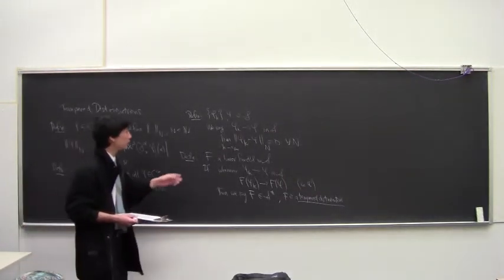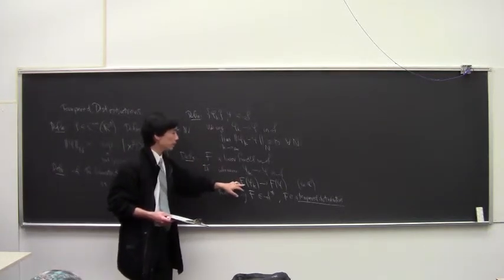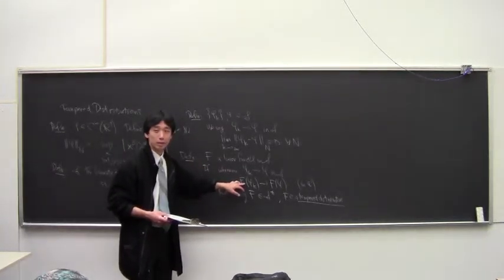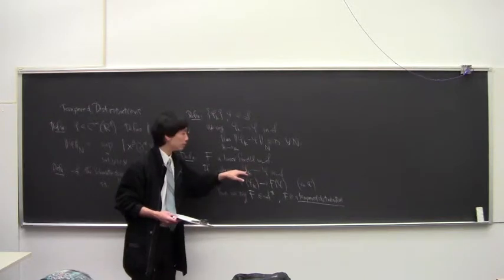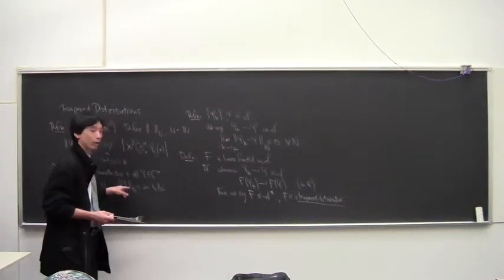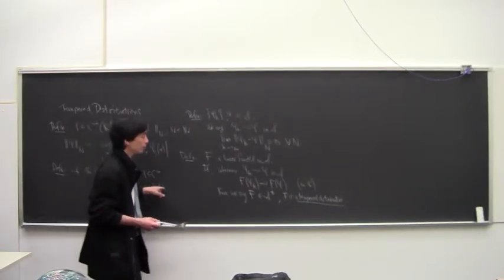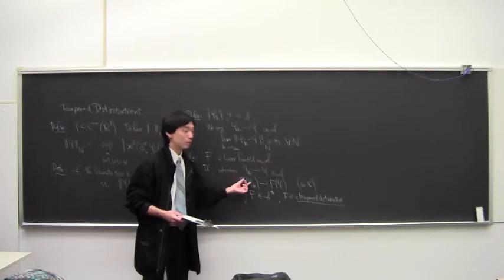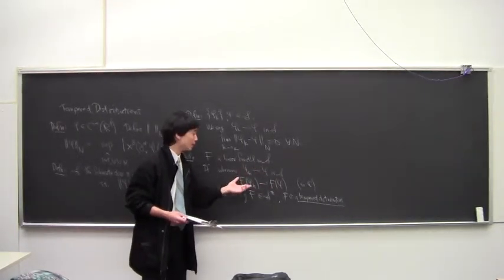So translating backwards, it says that whenever phi sub k converges to phi with respect to every one of these norms, then f of phi sub k converges to f of phi.